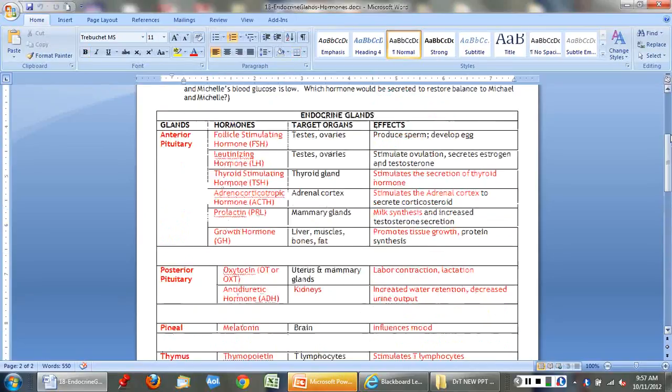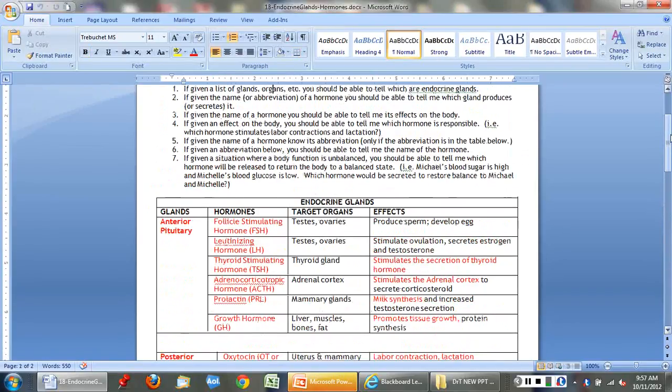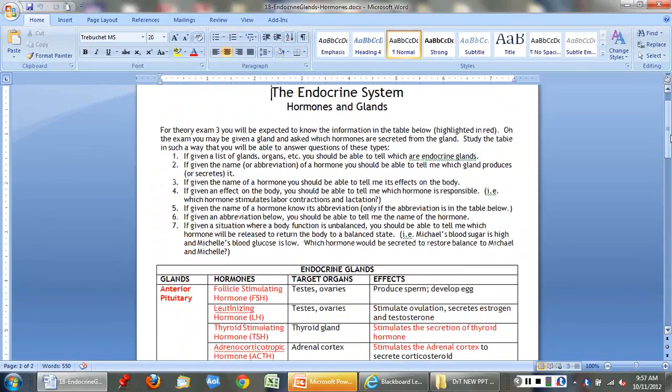So we know the hormones, the glands that produce them, and that's kind of what you all need to start off memorizing first. And then after looking at it a couple of days, start to test yourself on those functions and make sure you know them.